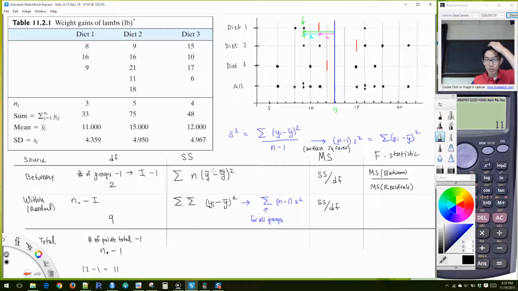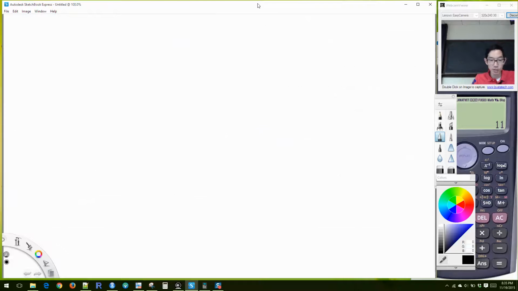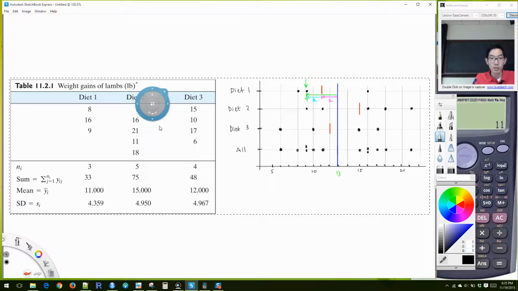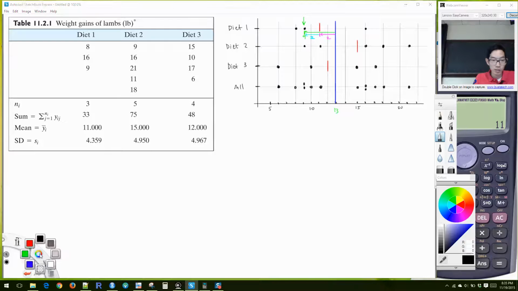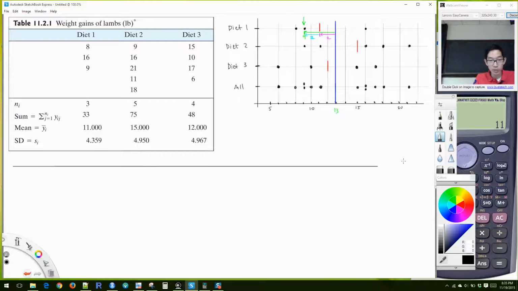Okay, so we'll finish our example here, getting our degrees of freedom, our sum of squares, our mean squares, and our F statistic. Okay. So, whoops, yeah, that's what I want. Okay, so we'll go through.